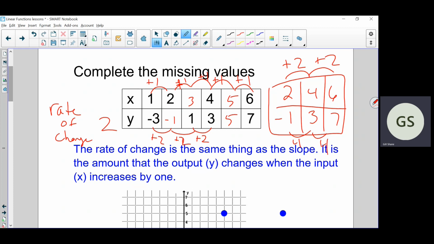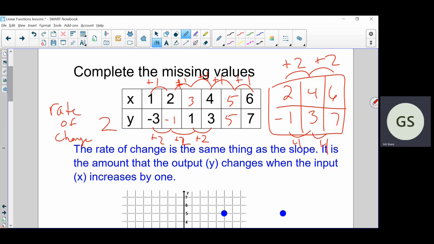The way you figure out the rate of change if they're not going up by 1 is you take any two y values and you subtract them, and then you divide them by the corresponding x values.